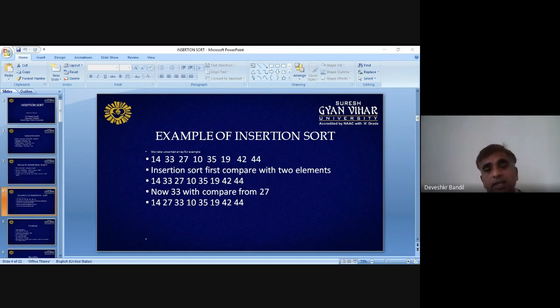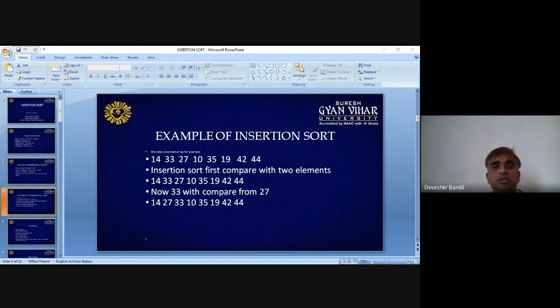So for insertion sort, first of all, you will take an array, and in this array you will store many items. When I take the array, I will store some items in it, and these items are not in sorted form.